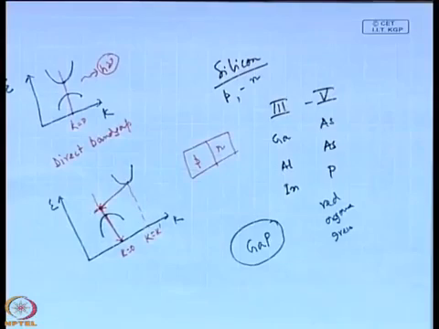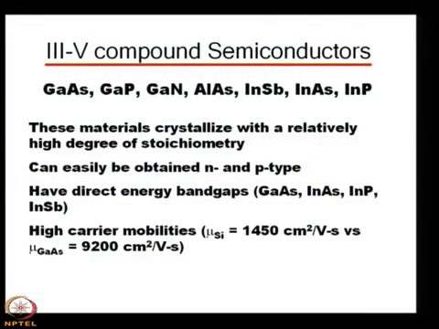Now, these direct band gap materials, gallium arsenide, indium arsenide, indium phosphide and indium antimonide, are better materials for making optoelectronic sources, and they also have high carrier mobilities.